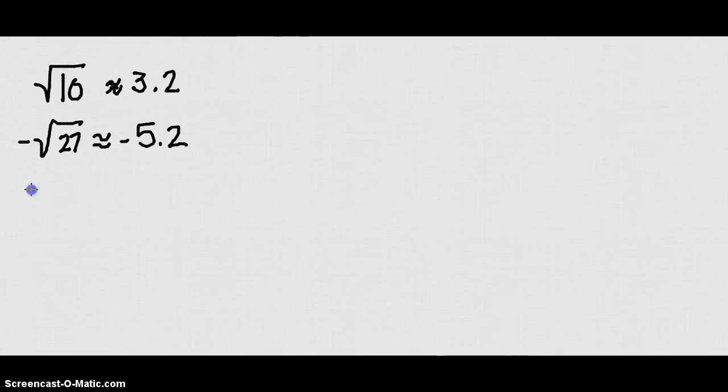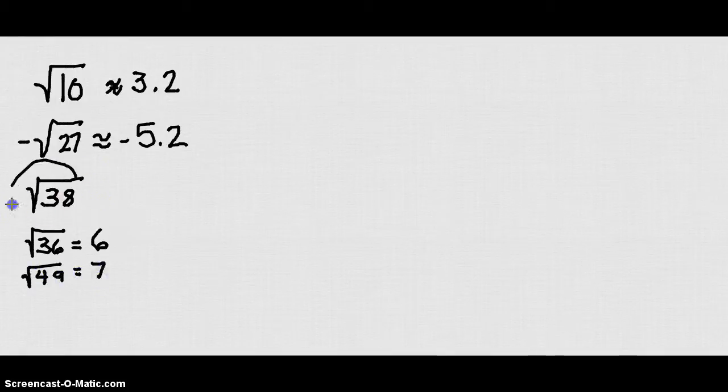Now let's say we didn't have a calculator and we wanted to estimate something like the square root of 38. Well, we know that the square root of 36 is 6, which is lower than 38. The next perfect square is the square root of 49, which gives us 7.